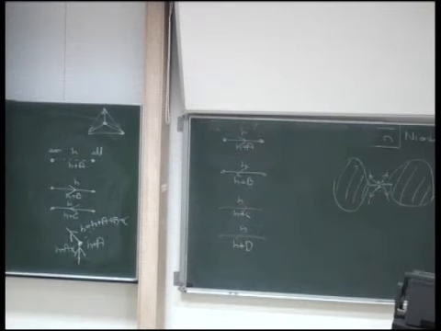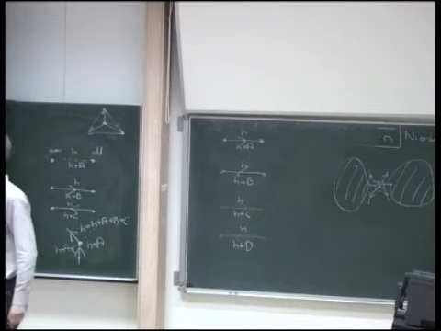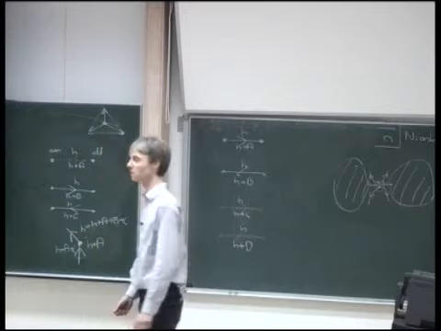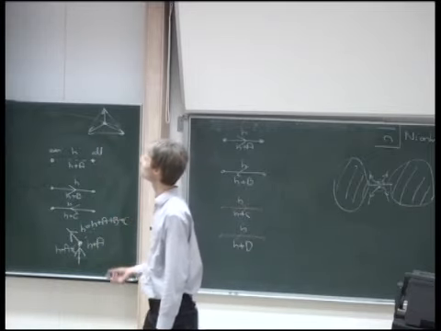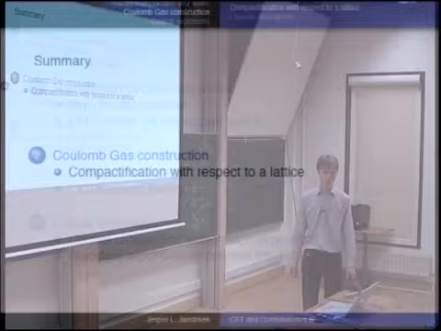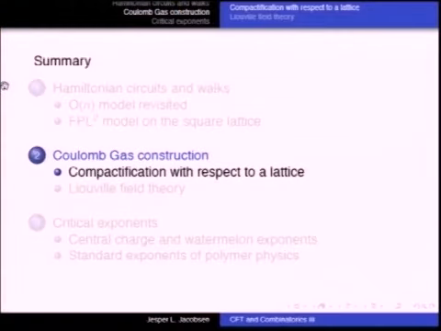So now we move to the second section. I want to adapt the Coulomb gas construction that we have seen in detail for a scalar height to the case of vector heights. And the first crucial point is to find out what to do with this compactification.